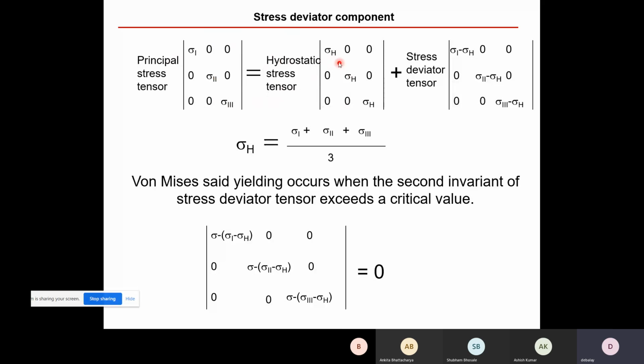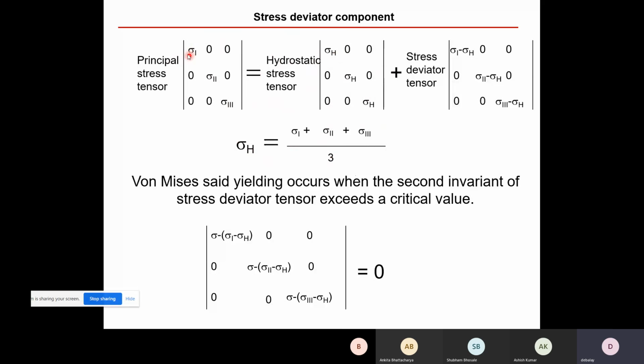What is the hydrostatic component? Sigma 1 plus sigma 2 plus sigma 3 divided by 3. This average of the principal stresses is called the hydrostatic stress. So I take the hydrostatic stress tensor and subtract it from the principal stress tensor.